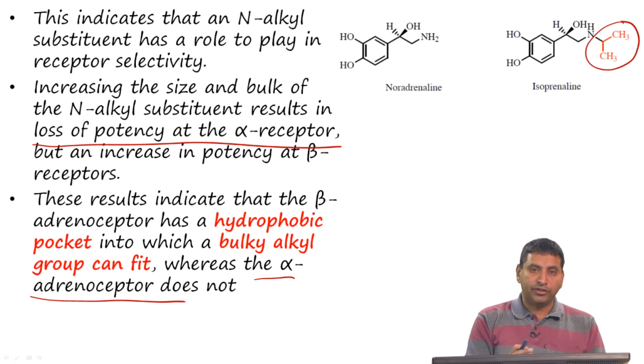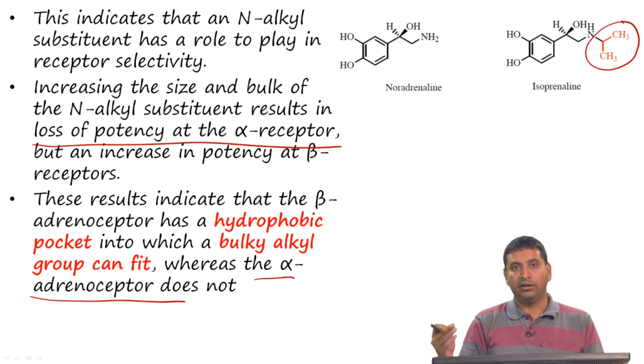As we have looked at previously, the differences across various cell types are very important in new ligand design or drug design, because if all the receptors are identical in nature, then it is very difficult for us to achieve selectivity. But if there are small differences in the protein, let us say between the heart and the lung, then one can specifically target the lung and not develop a drug which targets the heart, and vice versa. Here is an example of a compound which has a slight structural modification, but results in improved selectivity.